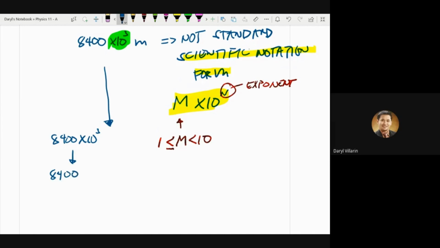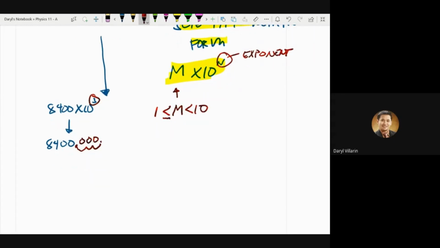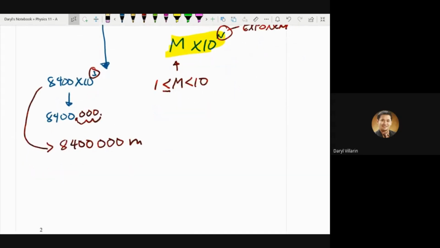My decimal point is here after the 0. I'll move it 3 places to the right because it's positive. 1, 2, 3. I add the empty spaces with 0. So in standard form, this is equivalent to 8,400,000 meters. So this is the standard form of the number itself.